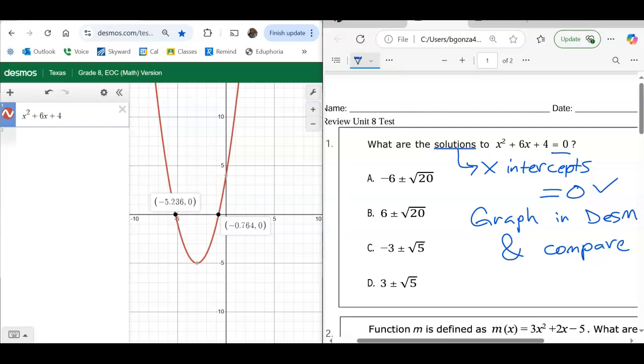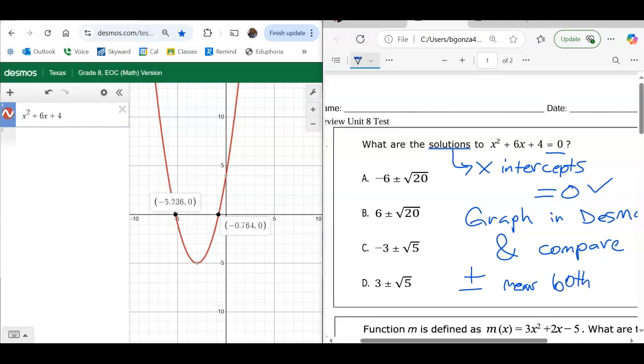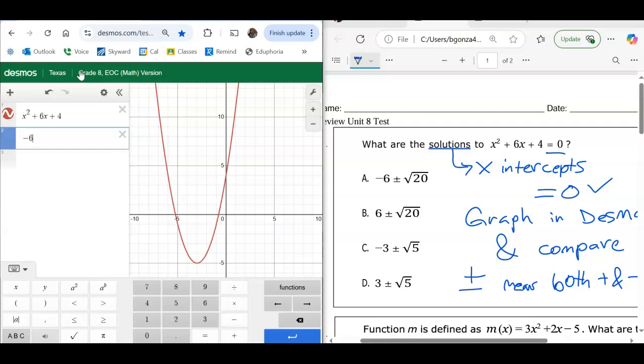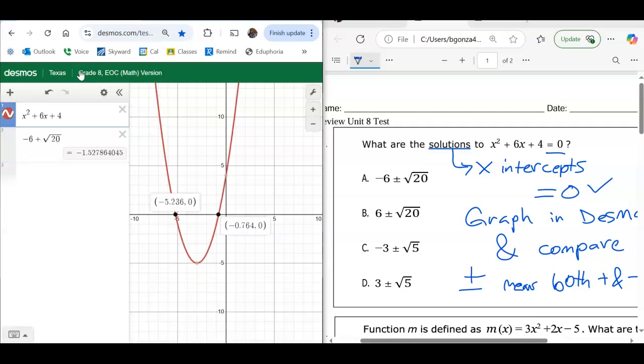Now you see plus minus, that means both plus and minus, right? Well, let's try the first one. Negative 6 plus square root of 20. Does that give me either of these solutions?